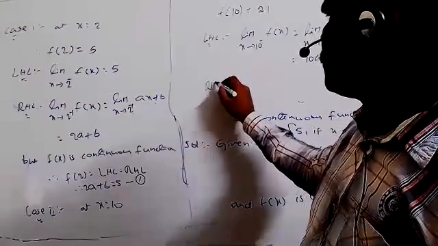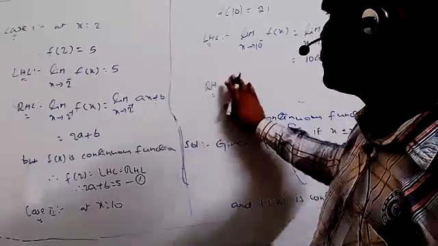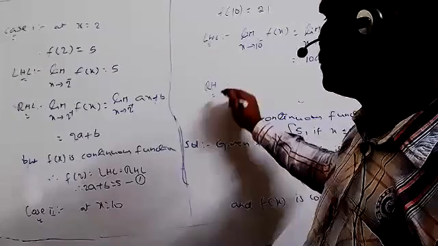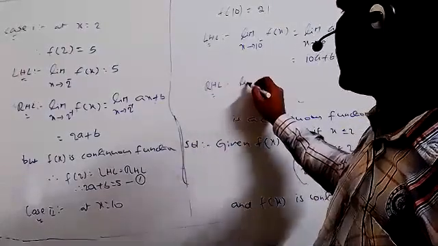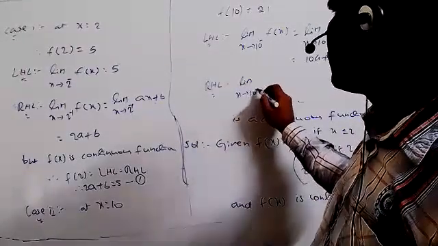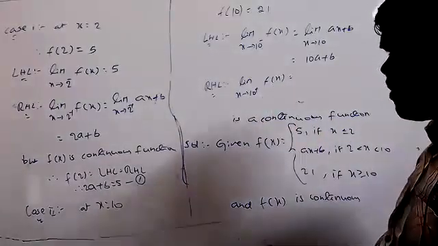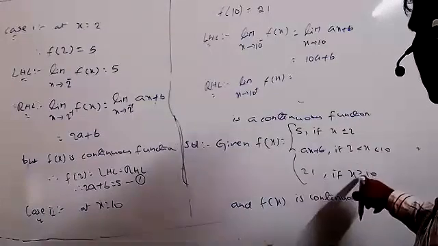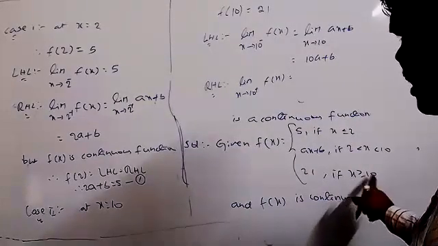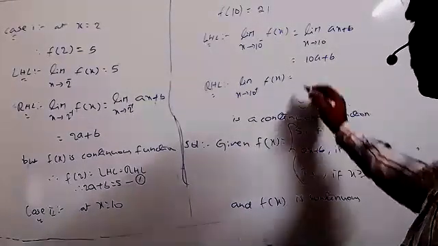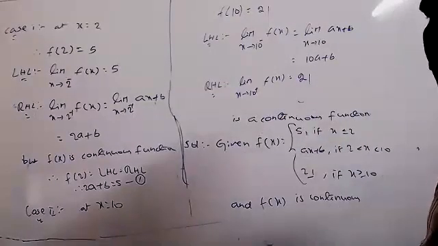Next, find the RHL value, the right hand limit: limit x tends to 10 plus f of x. When x is more than 10, the value equals 21. So clearly you can write 21.